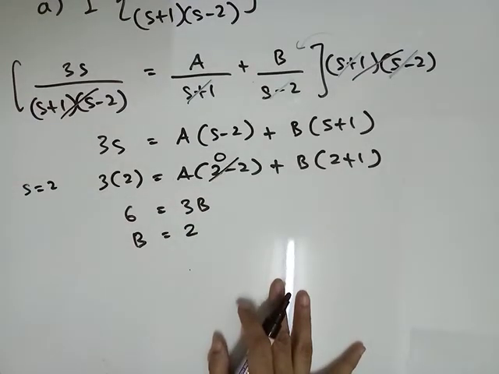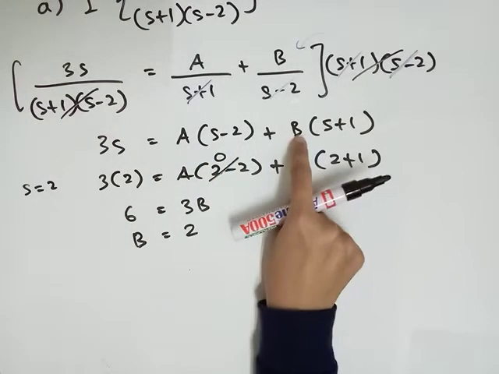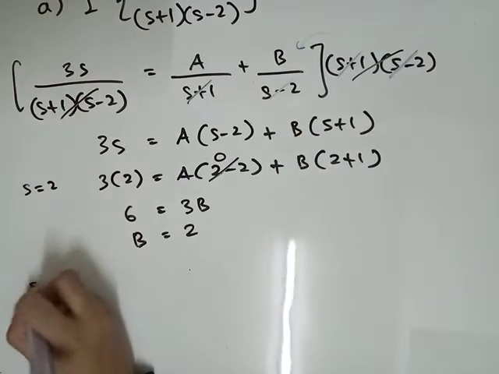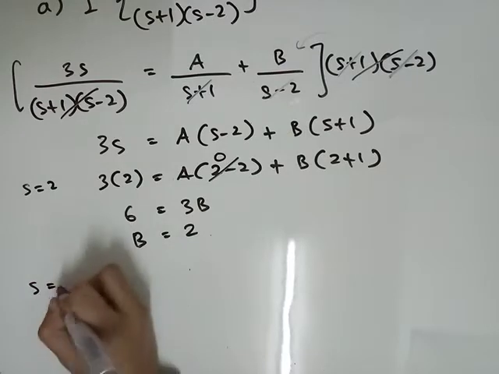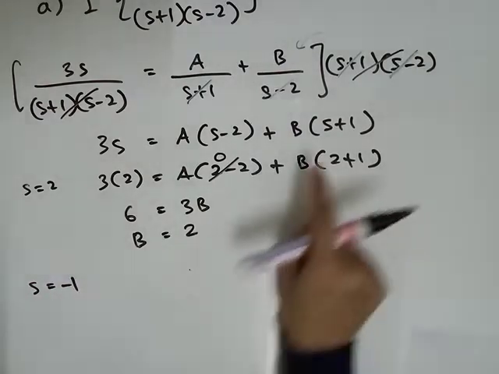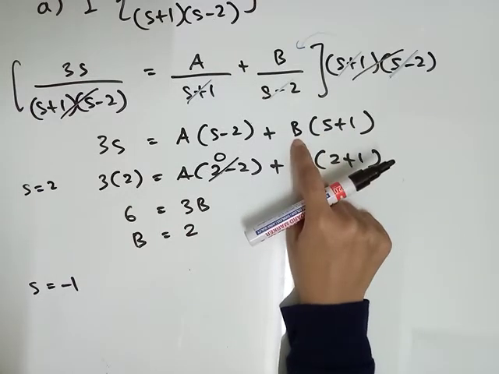Then we need to find the value of A. To find A, we need to eliminate B, so we let s equal negative 1. Why? Because substituting negative 1 into s, negative 1 plus 1 gives 0, so 0 times B is 0.